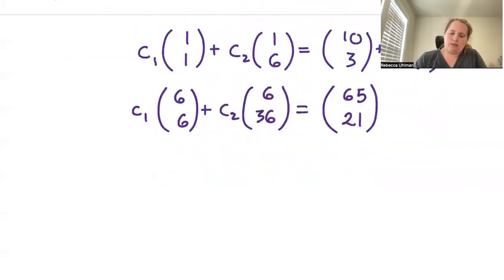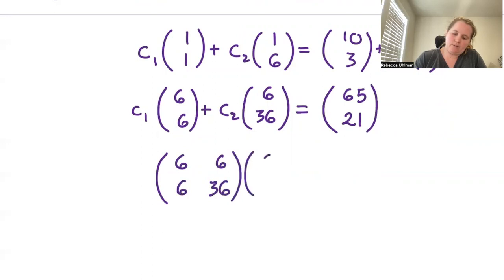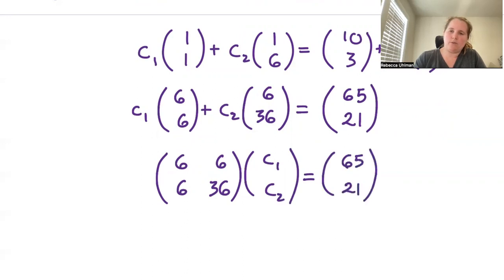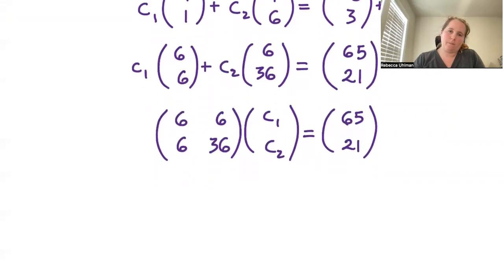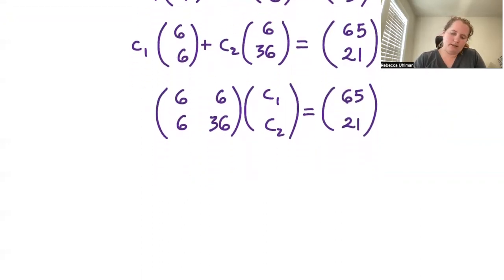So we're essentially solving the system 6, 6, 6, 36 times C1, C2 is equal to 65, 21. You can solve this using whatever technique you want.